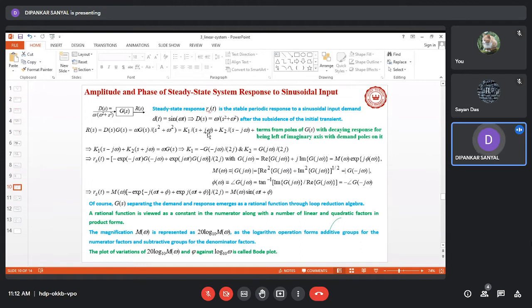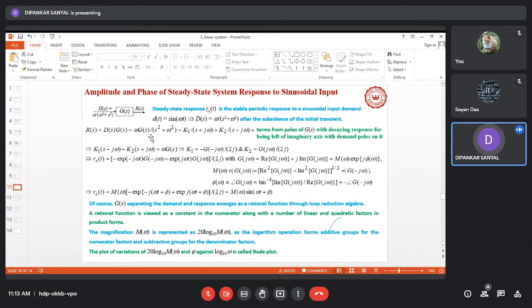We have s plus j omega and s minus j omega, with the numerator written as k1 plus k2, and corresponding to the poles of gs, many other factors would emerge here, but as we have told, for the stability requirement, those poles will be on the left side of the imaginary axis.